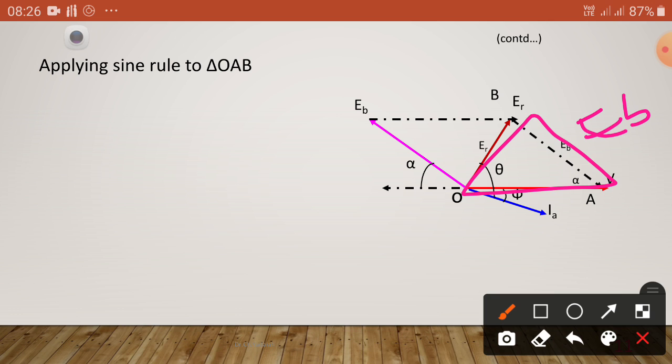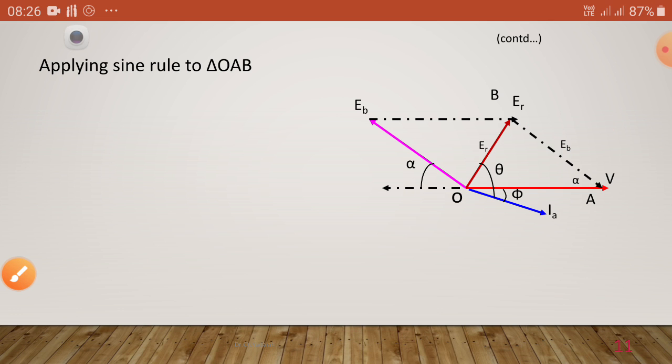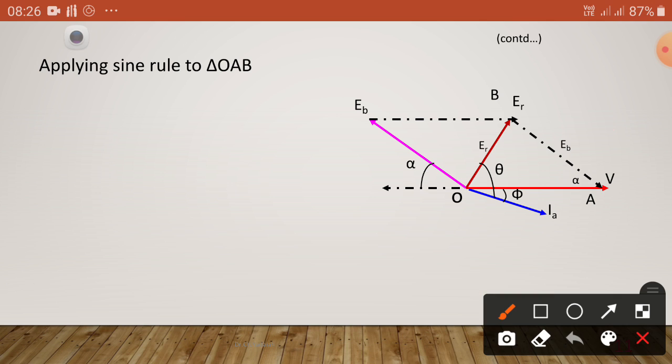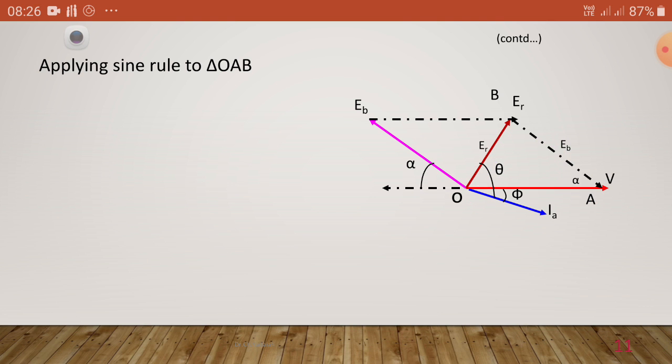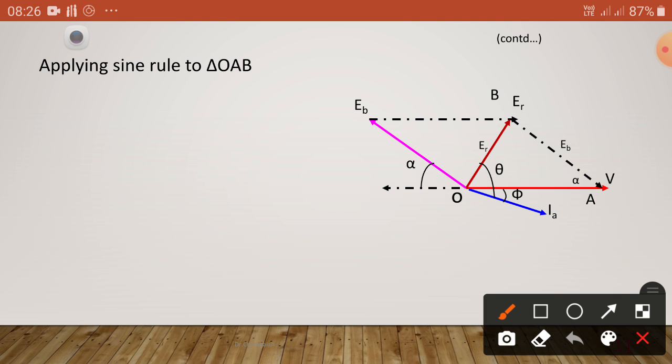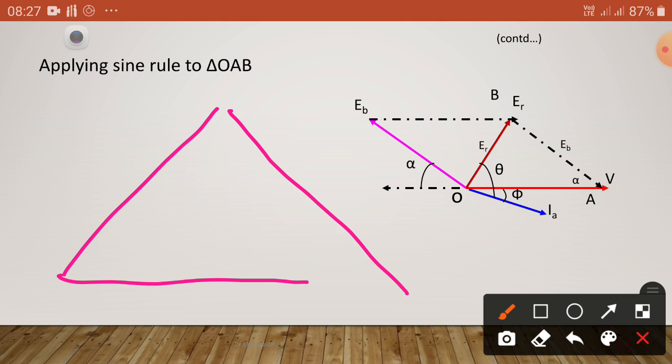Now in the sine rule, we take the side and its opposite angle. Once again, you can see it. Here we have V, this is E, and this is the angle.